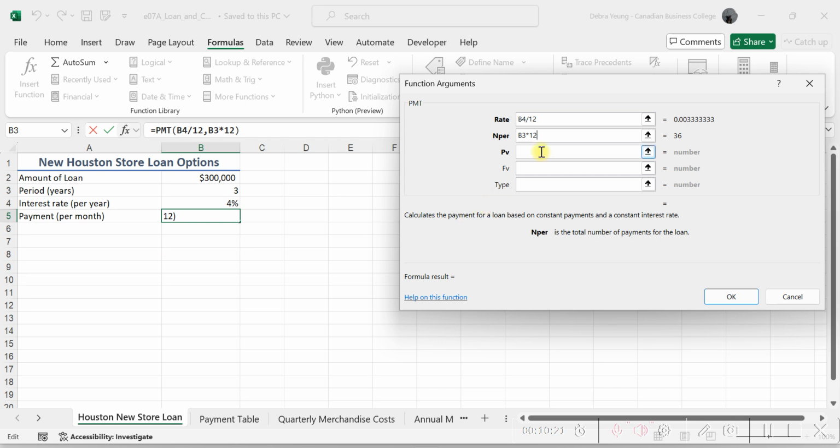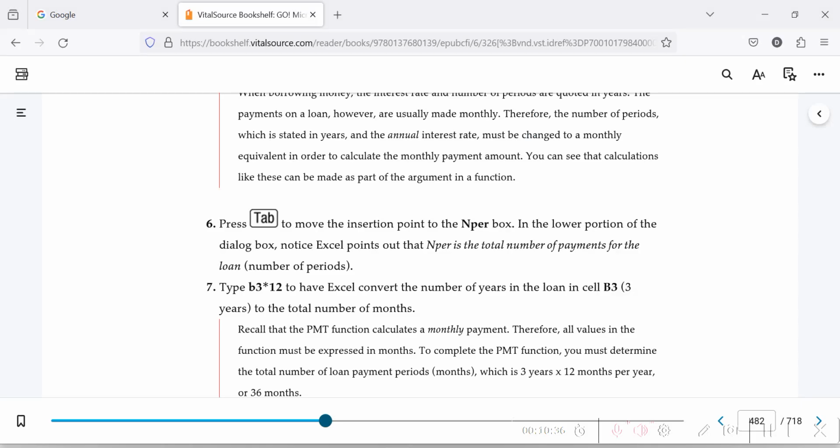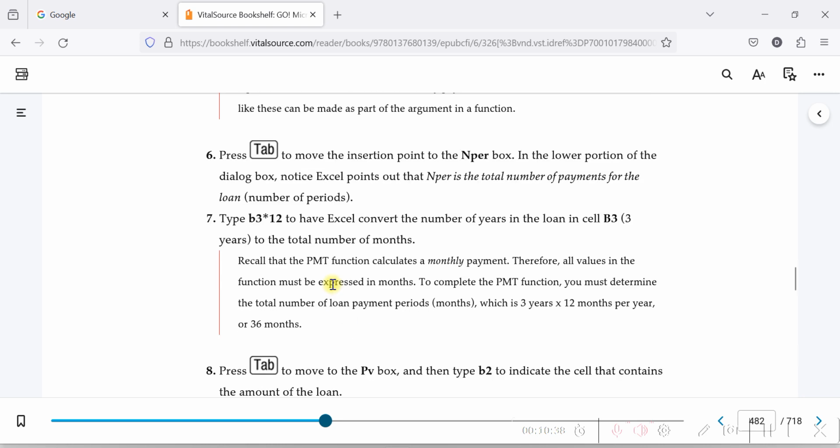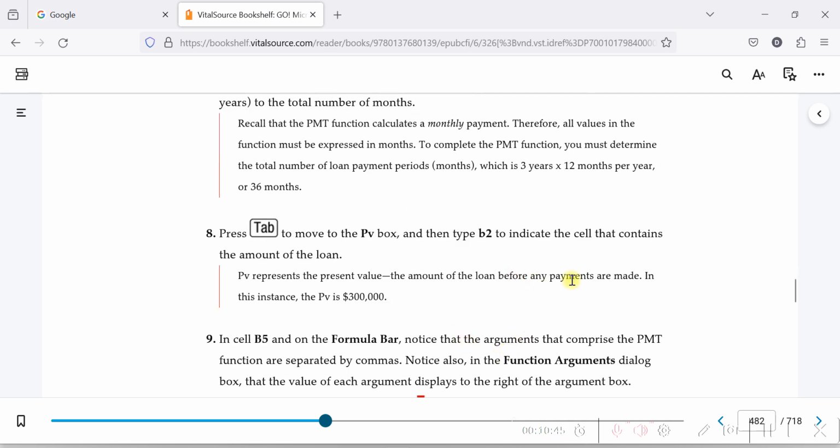Present value. Okay. Now this is where I do things slightly differently. They will catch up with me, or I will catch up with them, but I'm going to do it exactly the way the book is, and we'll take it from there. So the PV, or present value, represents the amount of the loan before any payments are made, and at this point, it's $300,000.